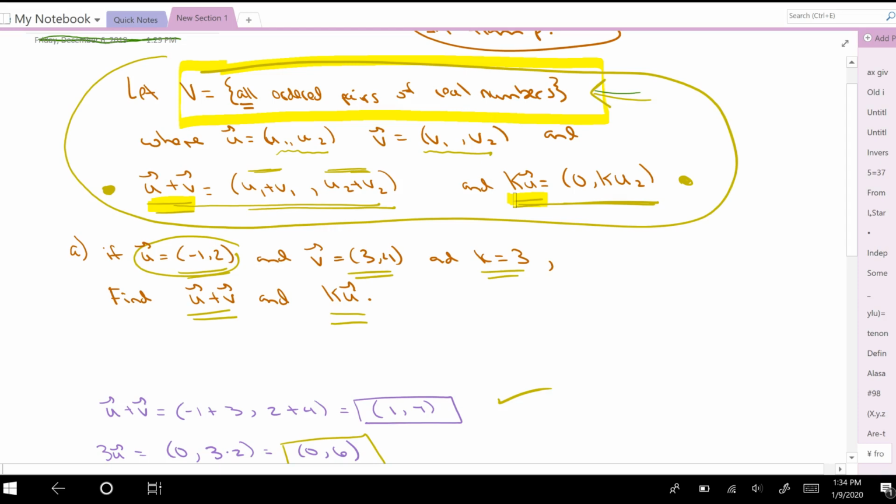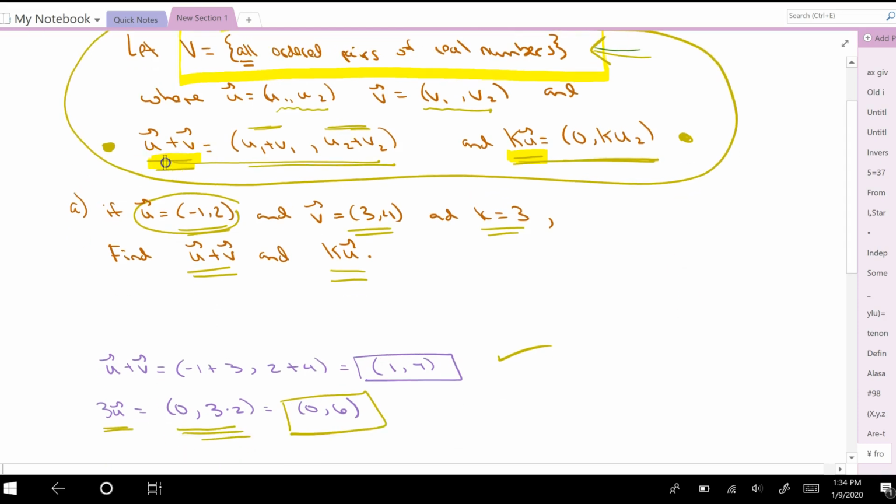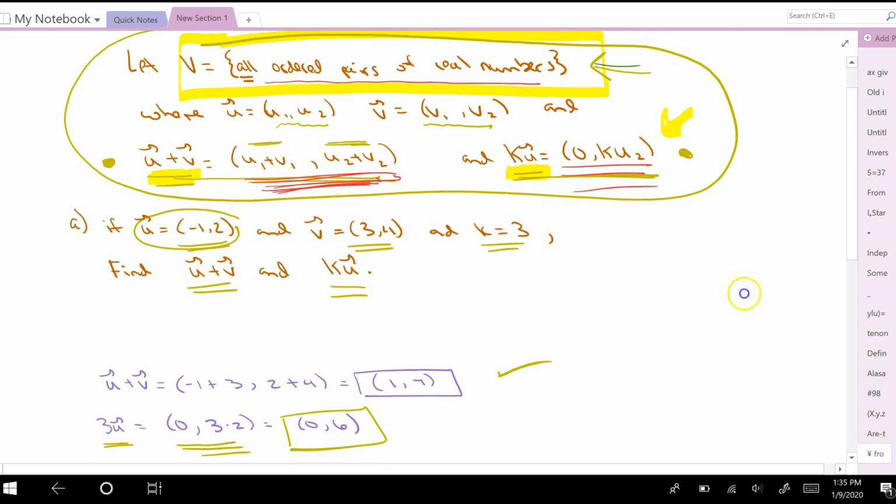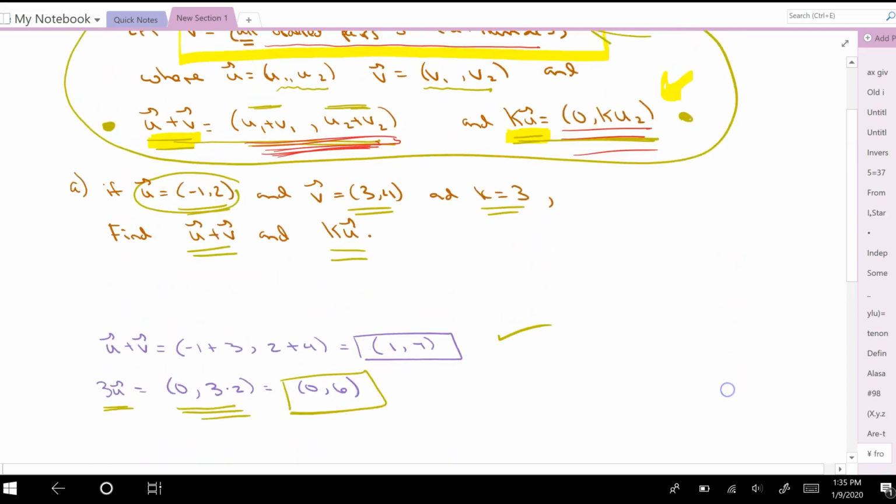In other words, if any ordered pair of real numbers is added to another in this fashion, or if any one of those ordered pairs is scalar multiplied in this fashion, when you look at the results of those two operations, will the result always be an ordered pair of real numbers? The answer to that question is yes.